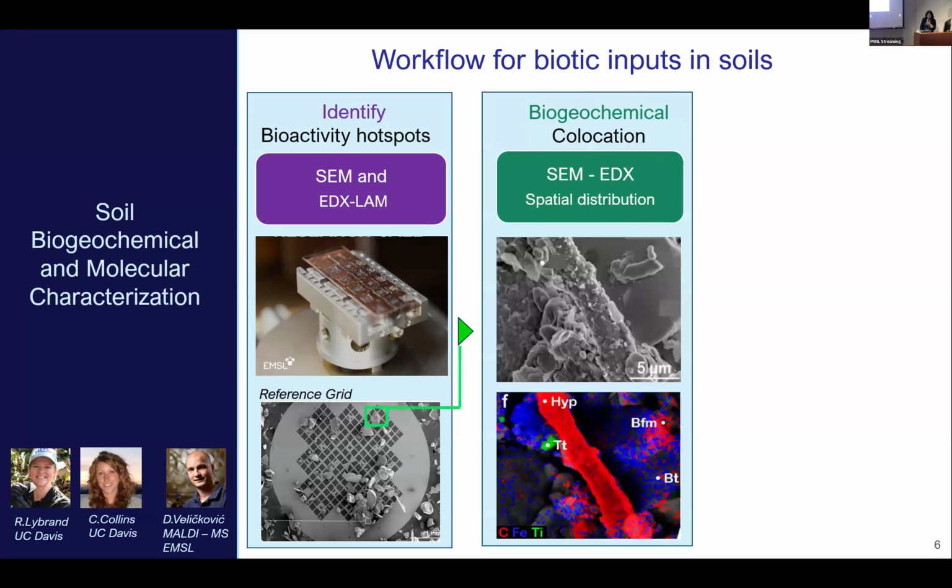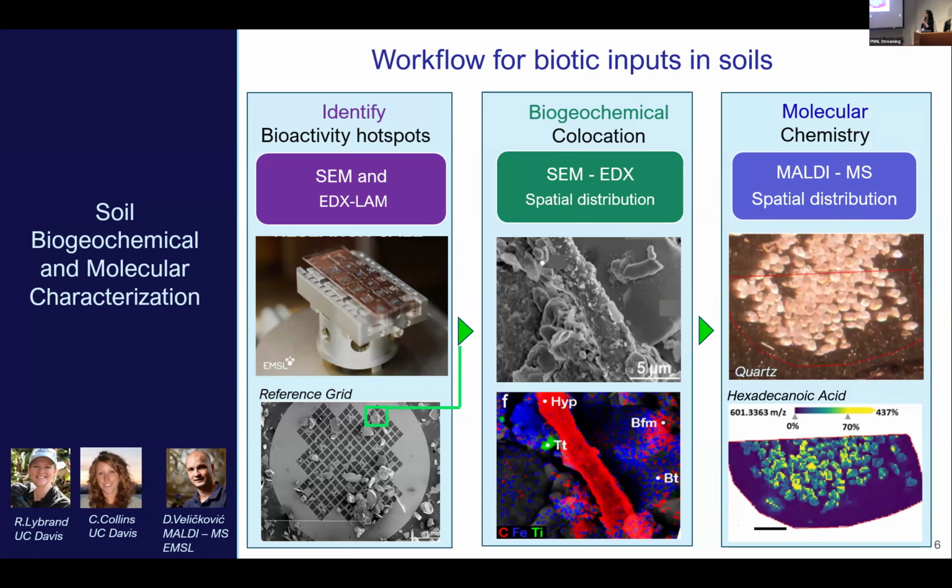If we are interested in the colocation, we can look individually at these colocated fungi and minerals and get more information on how they are associated with the chemical composition of the surrounding minerals. And then, like I said, it would be nice to know the type of organic carbon we have there. Although this is a different sample, it is a proof of concept that we are developing right now using MALDI, as I mentioned, with Dushan.